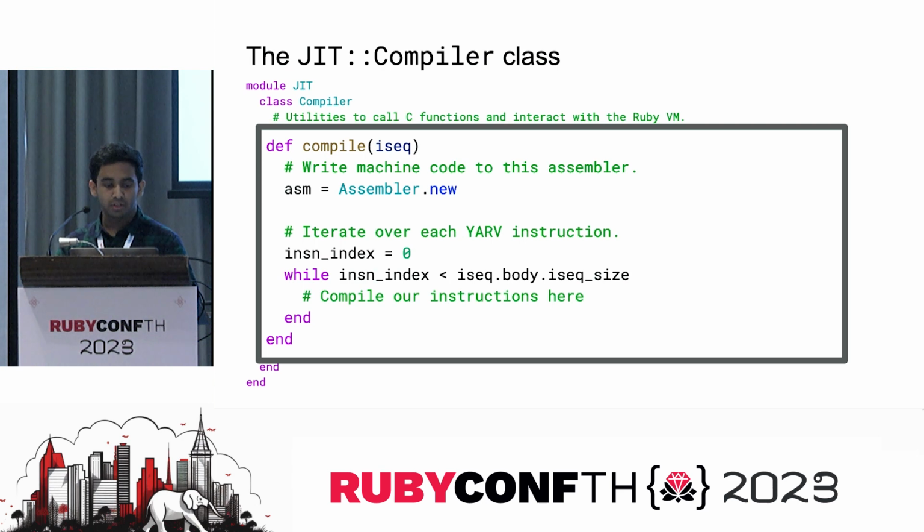And the other one is the compile function that I mentioned. You just need to write your compile function, handle the different instructions, and compile them to assembly code here. We are using this assembler class for compiling them, but you can use any other gem like fiddle, which you can use to write machine code from your Ruby code.